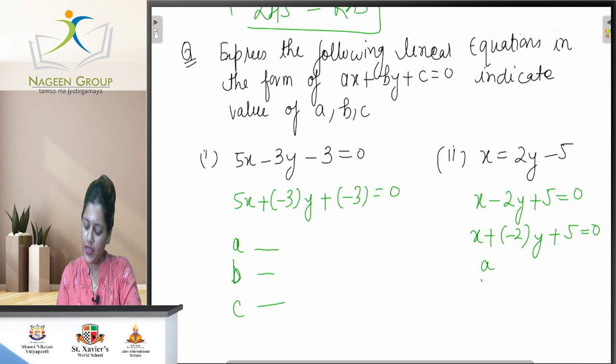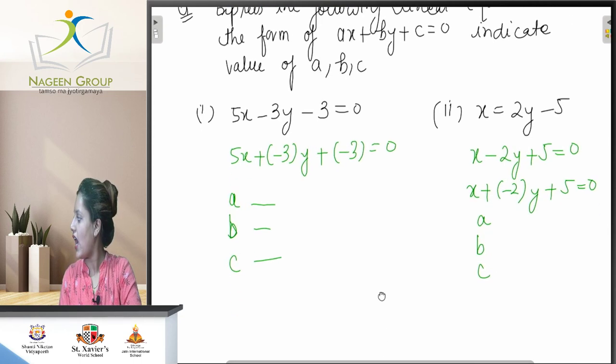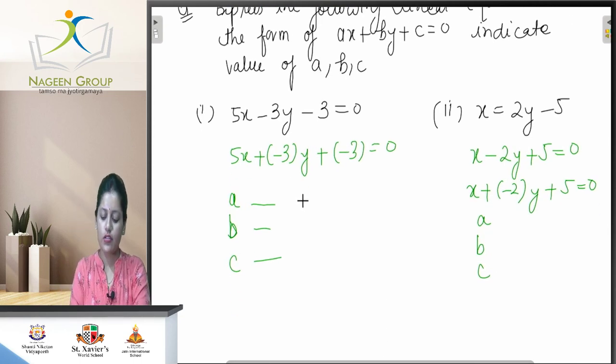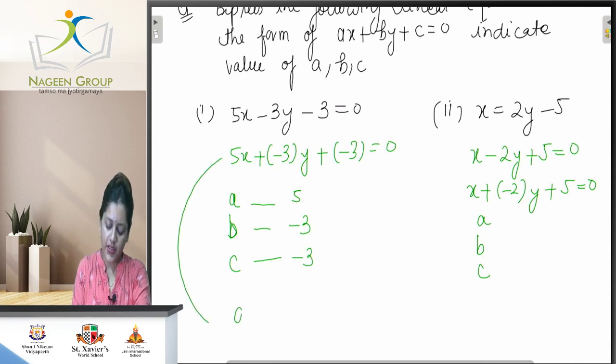Now the values of a, b and c are: a equals 5, b equals minus 3 and c equals minus 3, because we are comparing this equation to the general form.